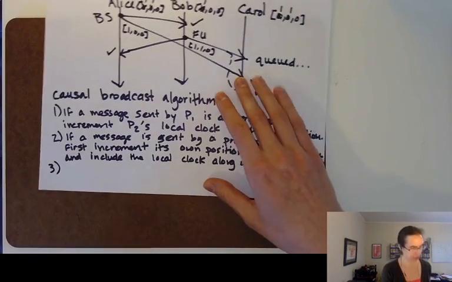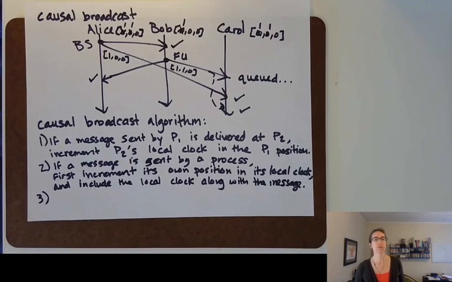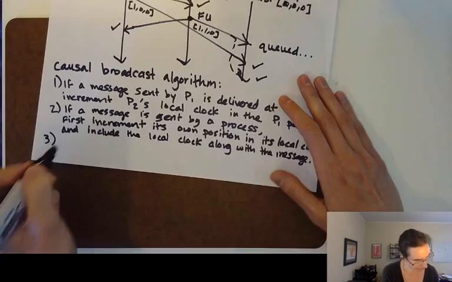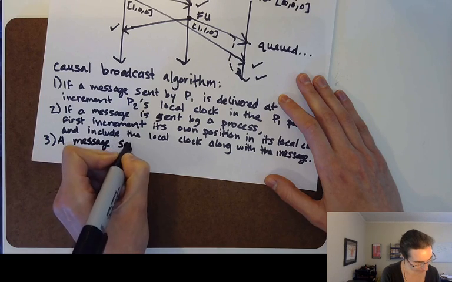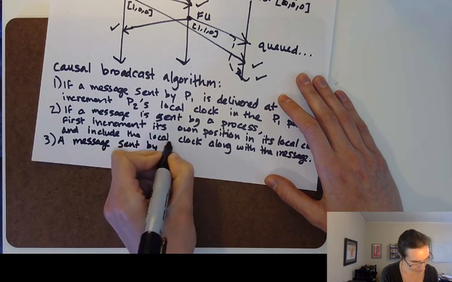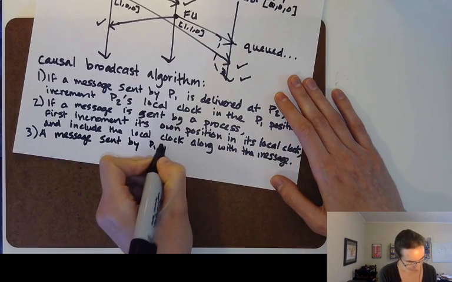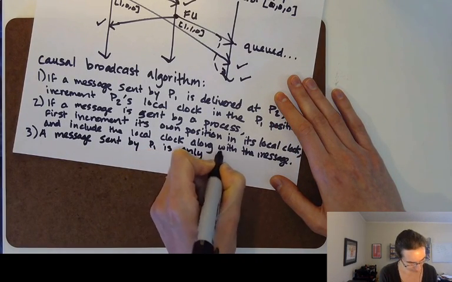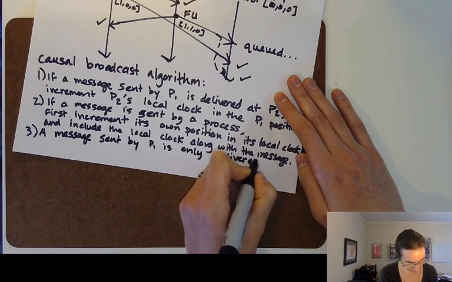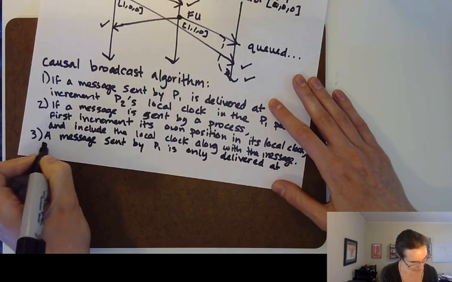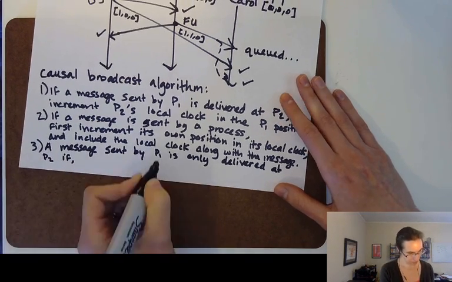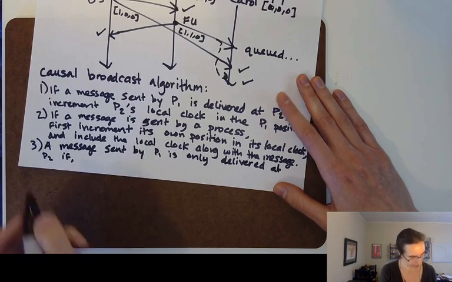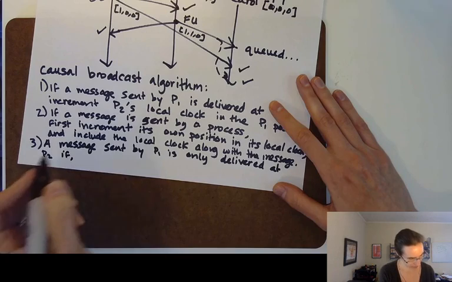All right, last one, the tricky one. This is the property that tells you when it is that you're allowed to deliver a message. So we say, a message sent by a process P1 is only delivered at P2 if, and we're going to say this message sent by P1 has a timestamp, which is a vector clock.